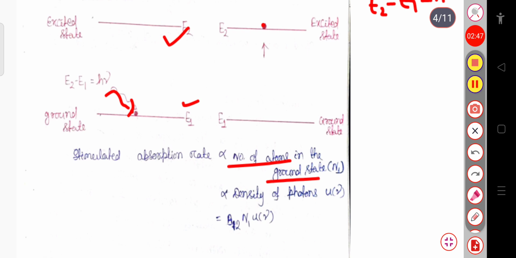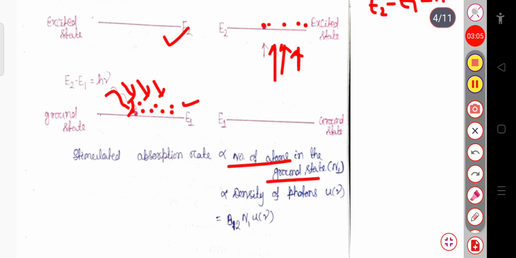If there are n1 particles present, and every atom absorbs h nu amount of energy, then all the atoms present in the ground state will go to the excited state.